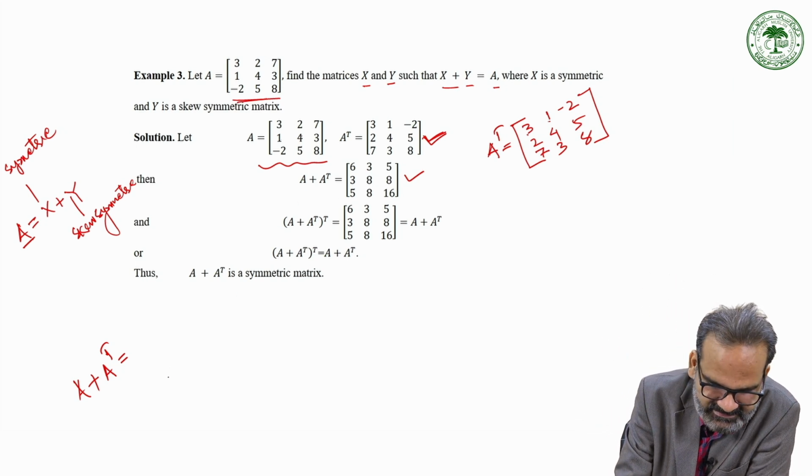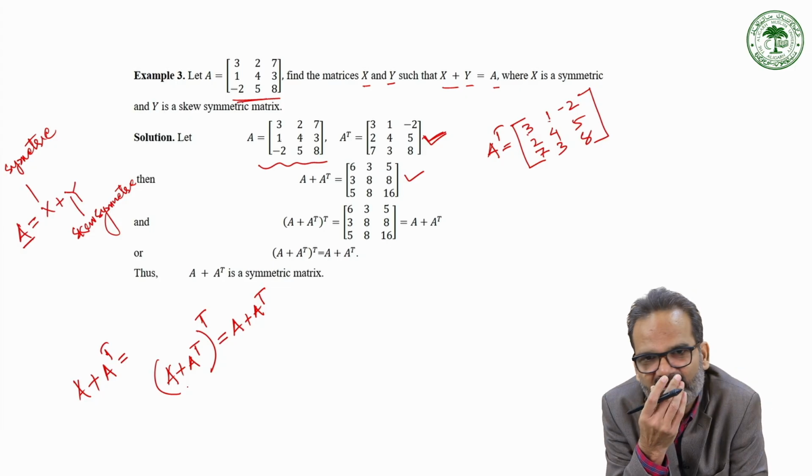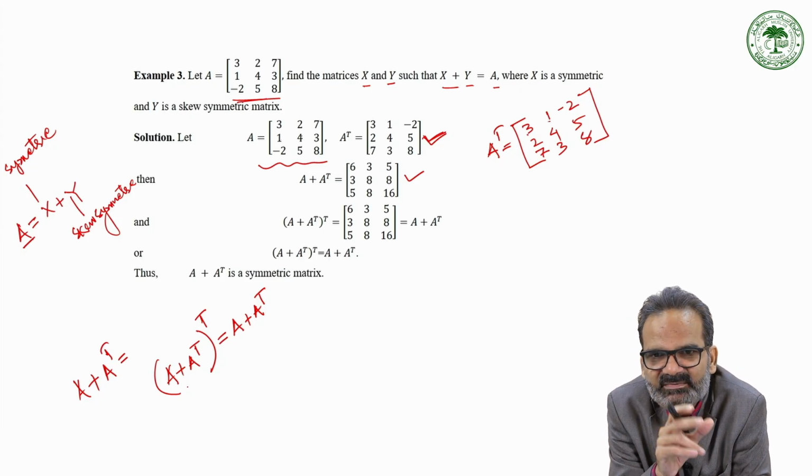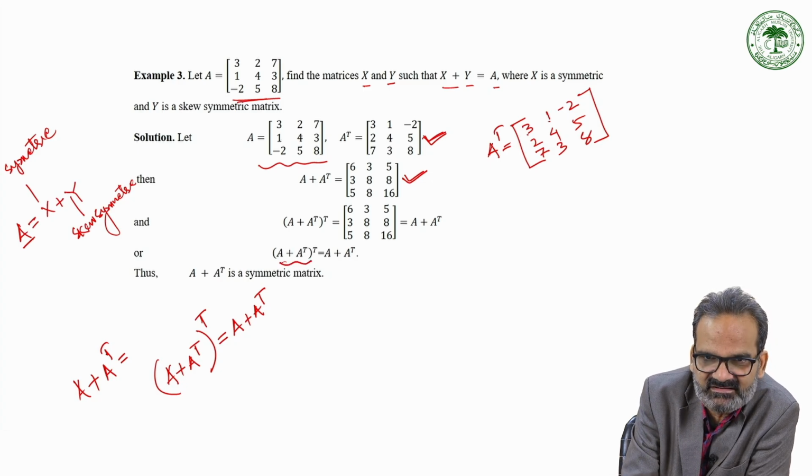Now A plus AT, this we have calculated. If we take its transpose, what are we getting? We are getting the same matrix A plus AT. It means A plus AT is a symmetric matrix. A plus AT, its transpose is coming out to be A plus AT.